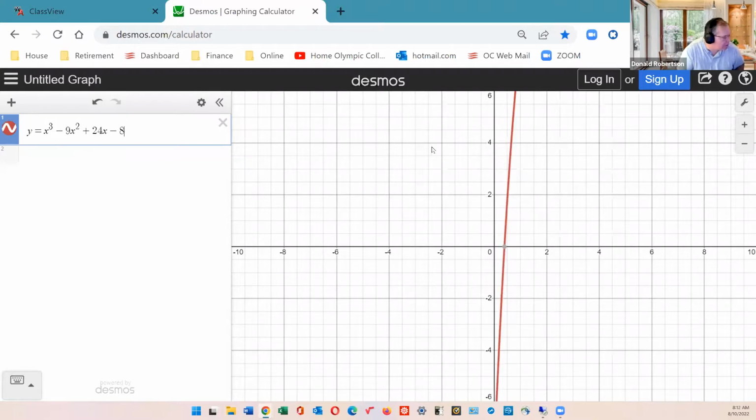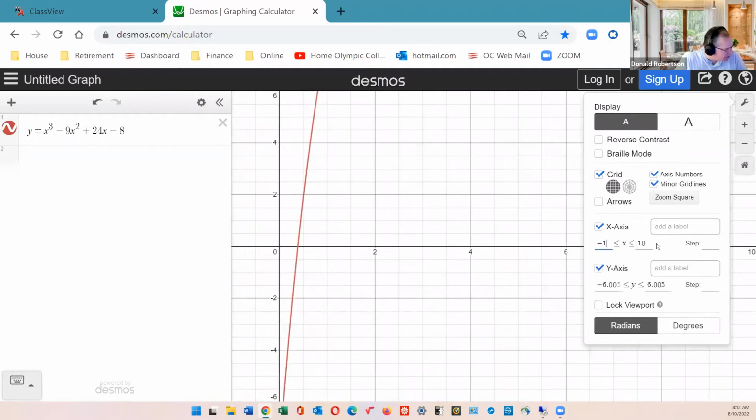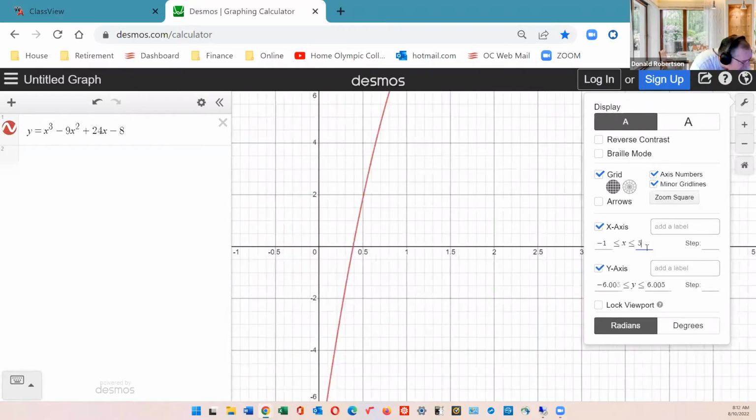Okay. Now, when you do something in Desmos, it doesn't look very much like anything that we've got, but that's because our X and Y windows aren't in the right place. So I'm going to hit this fella, and from what I can see on all the numbers I've got here, as long as I do an X somewhere between -1 and the biggest thing that happened was at 4, so let's say -1 to 5 on the X's.